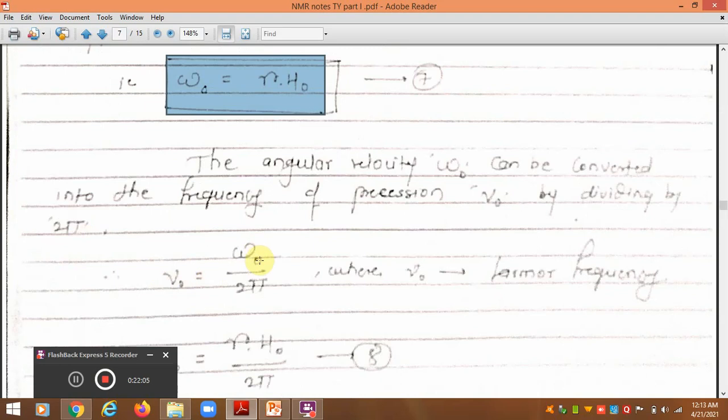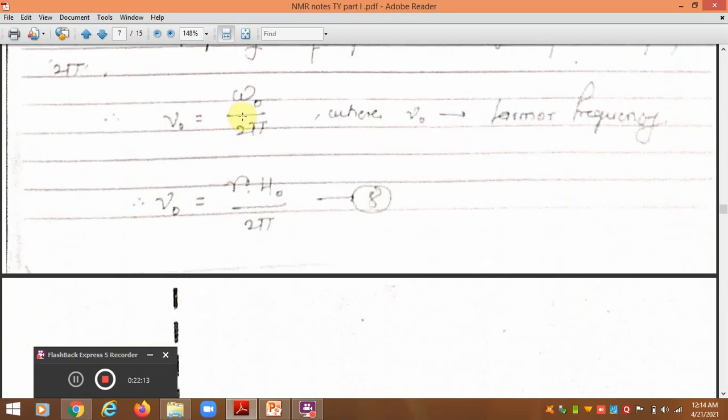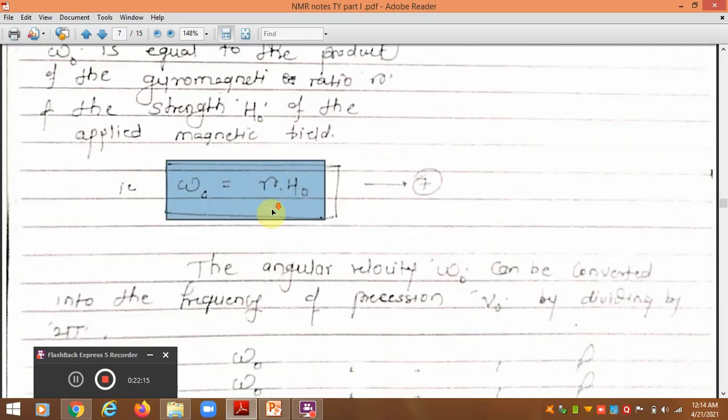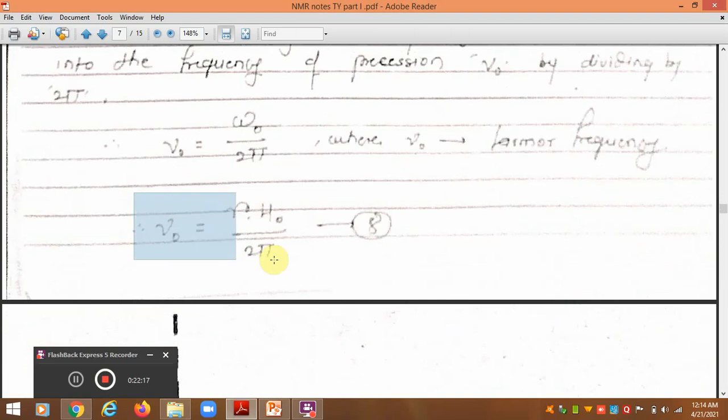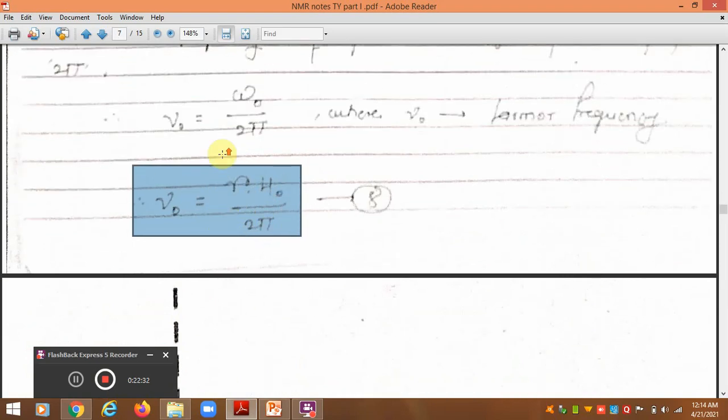So the frequency of precession is given by gamma, the gyromagnetic ratio, into the strength of the applied magnetic field, divided by 2 pi, and this is the equation for the frequency of precession.